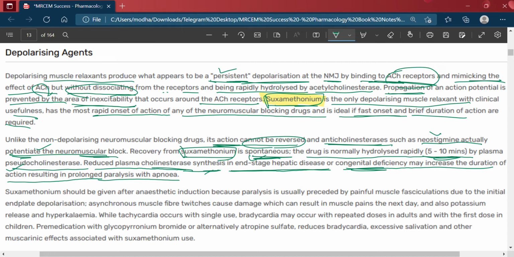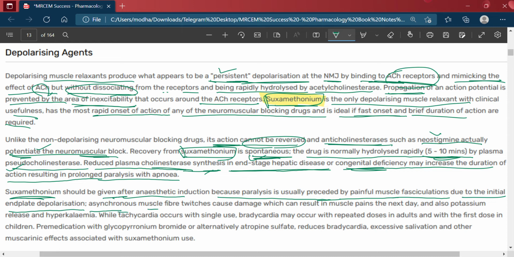Suxamethonium should be given after anesthetic induction, because paralysis is usually preceded by painful muscle fasciculation due to the initial end plate depolarization.